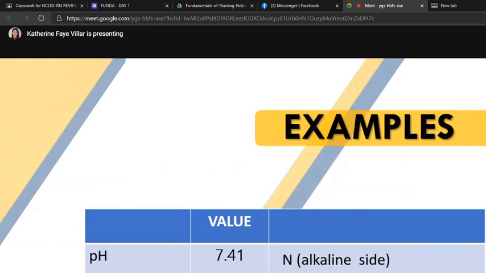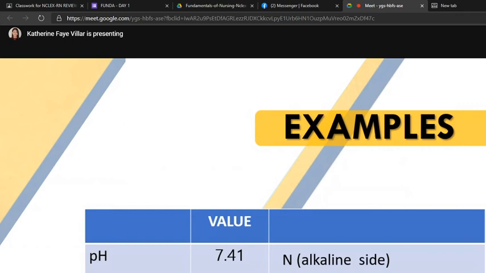Okay, perfect. Kabaligtaran niya lagi yung interpretation ng pH and HCO3. How about 20 na si HCO3? Mababa ba 'yan, mataas? Okay. Mababa, so that's acidic.